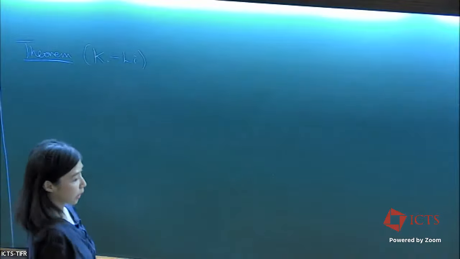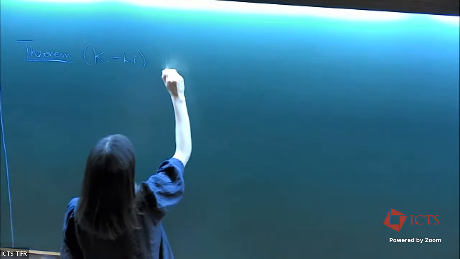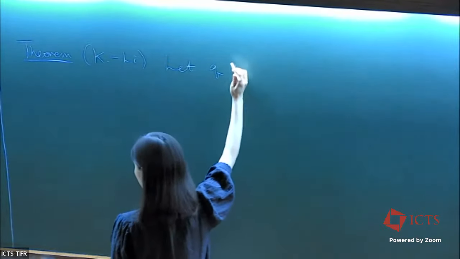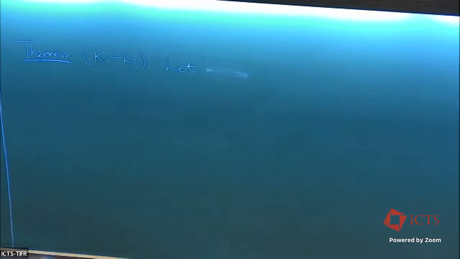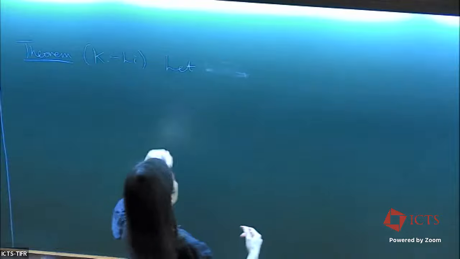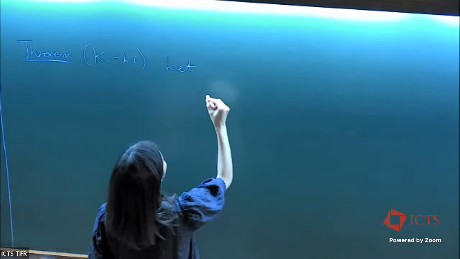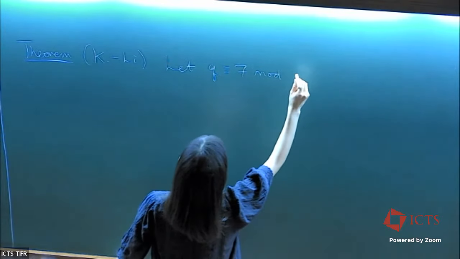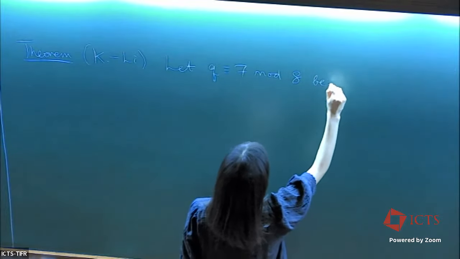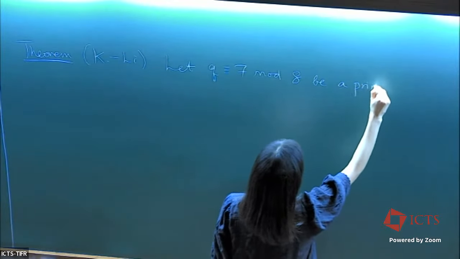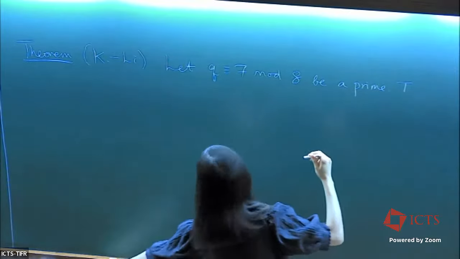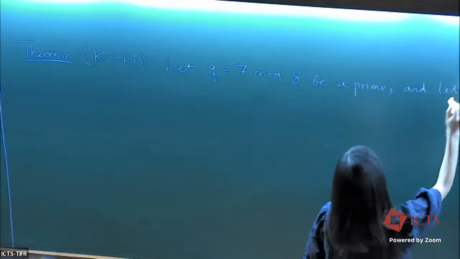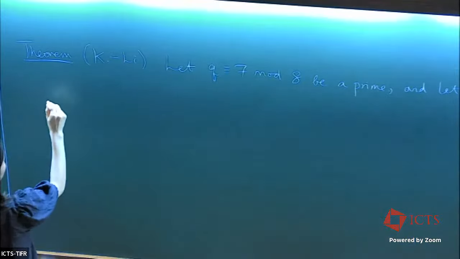Let Q be any prime congruent to 7 modulo 8, and let R be an element in this set.